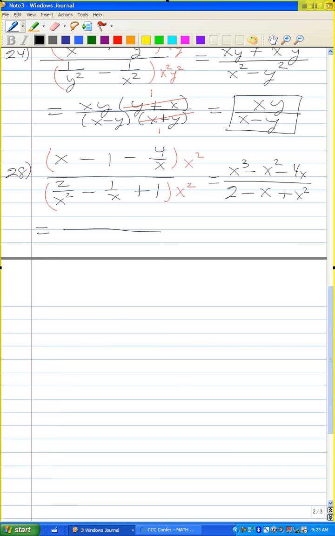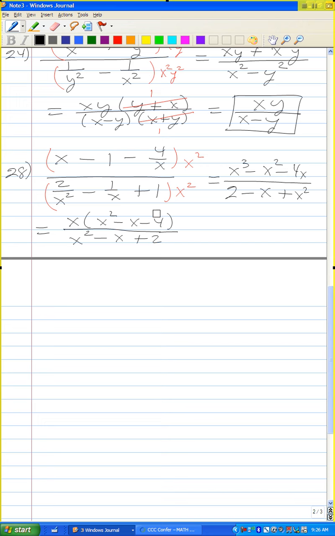Let me factor out the x that's in common in the numerator. So we get x squared minus x minus 4. Let me rewrite the denominator in descending order: x squared minus x plus 2. I can't factor the numerator, what's in parentheses.